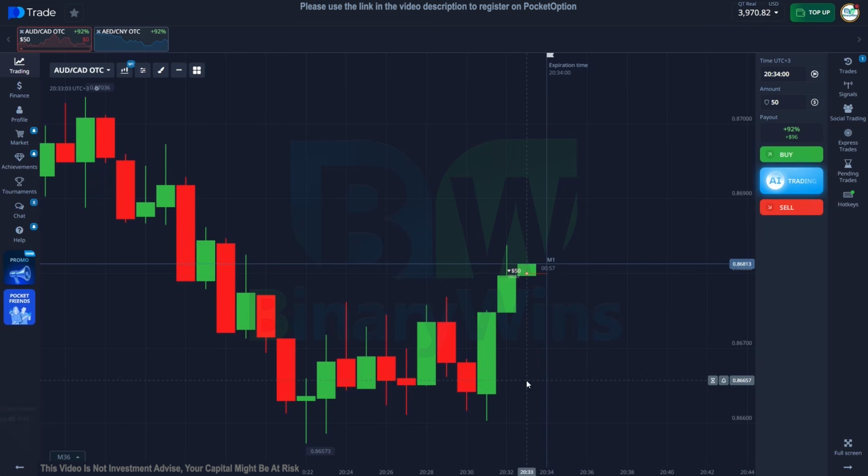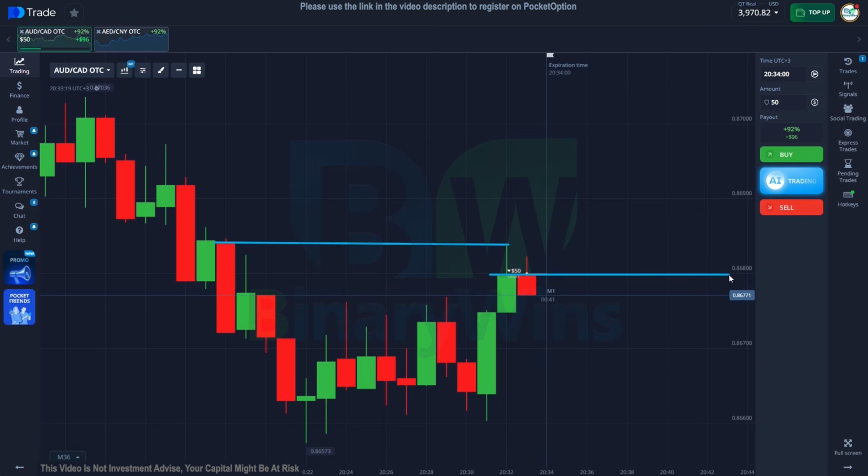I entered the lower trade. Why? The shadow of the green candlestick closed on the level. On the other hand, the body of the candlestick closed on a round number level, which ends with 2 zeros.